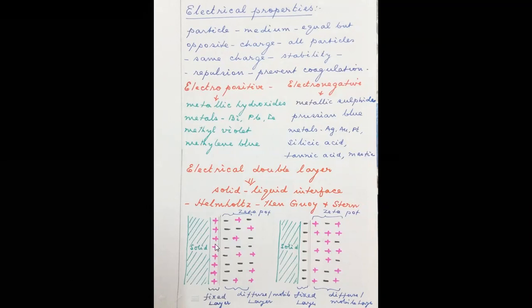Look here. Suppose a solid substance is here and the positively charged particles have the tendency to adhere on the surface, then the first layer is called the fixed layer. And the further layers are called diffuse or mobile layers.